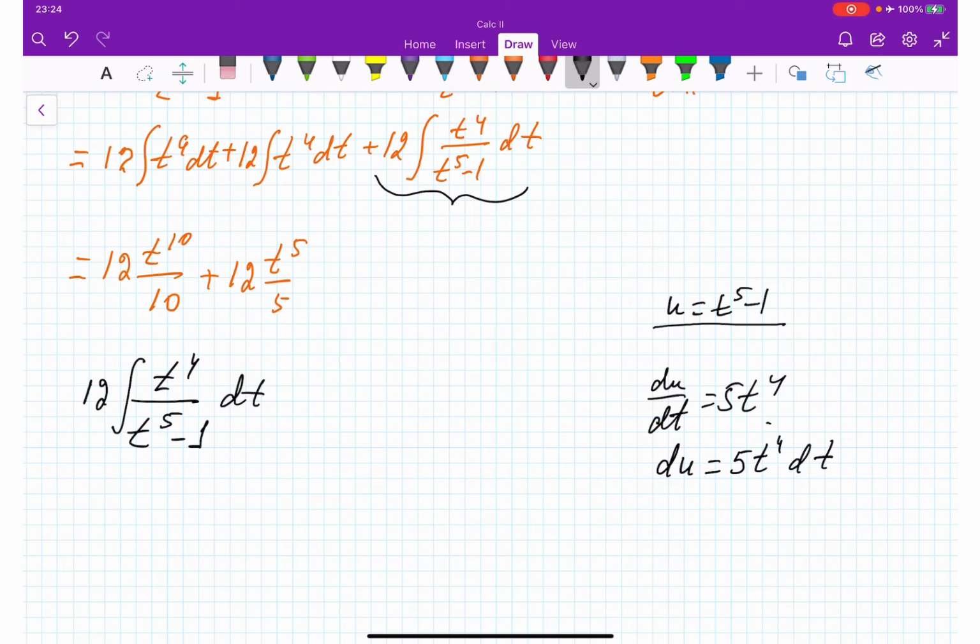Okay, let's see what we have here. We have t to power 4 and dt. So the difference is only in 5. At this point, I'm going to do this. 12 integral t to power 4 dt over t to power 5 minus 1, and I need 5.